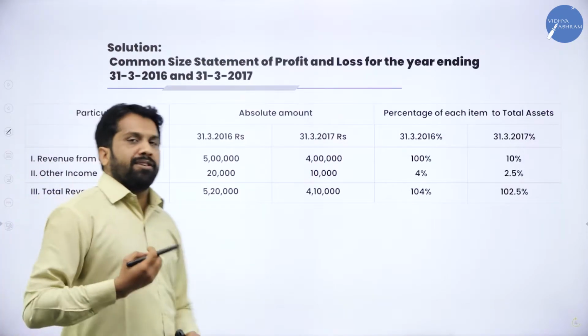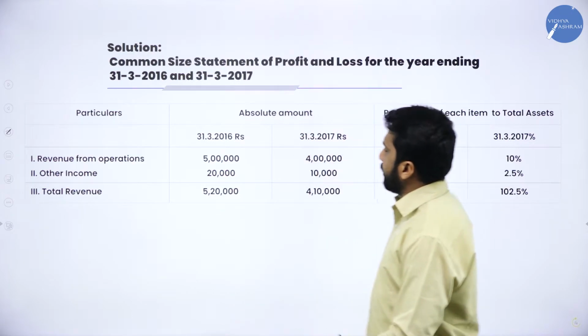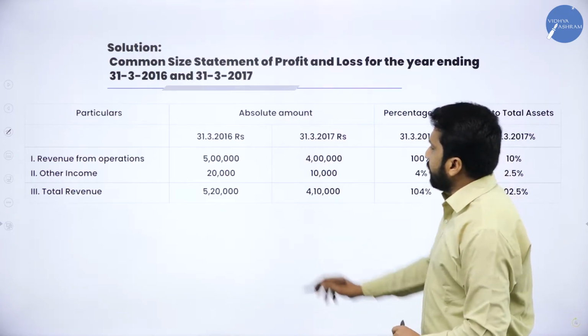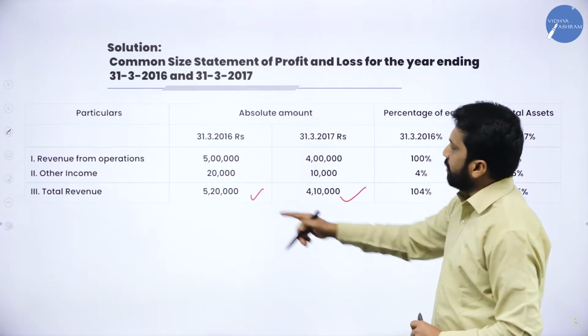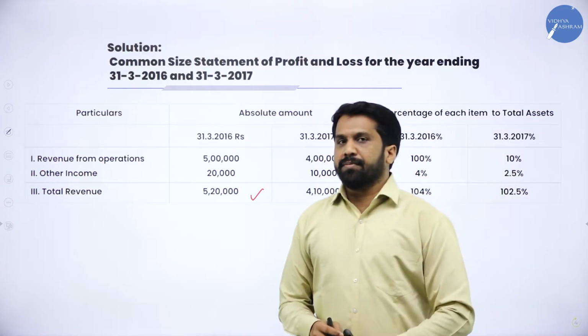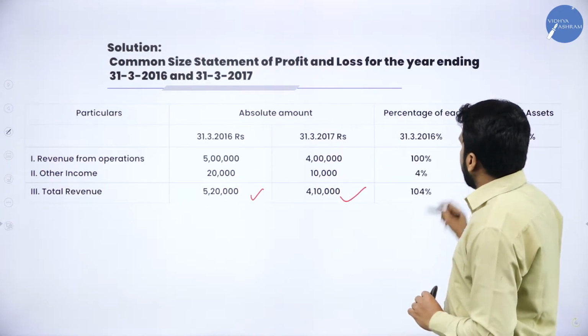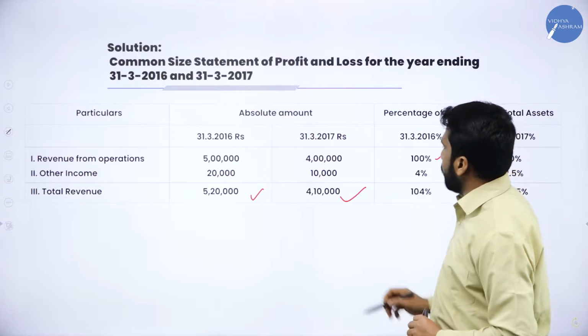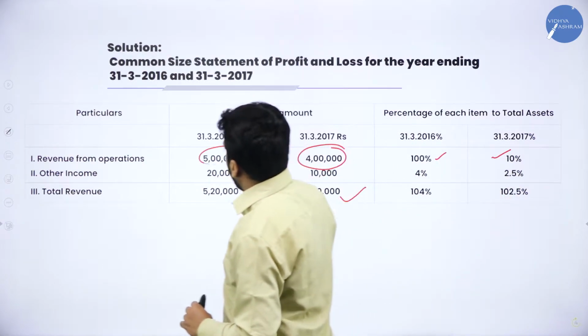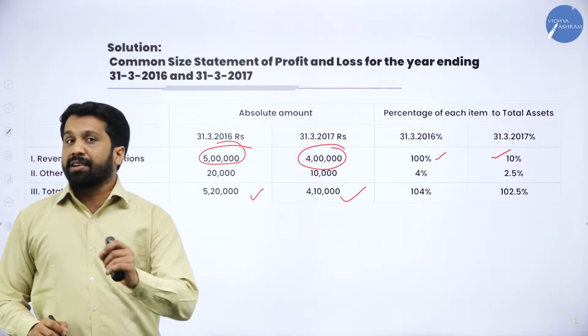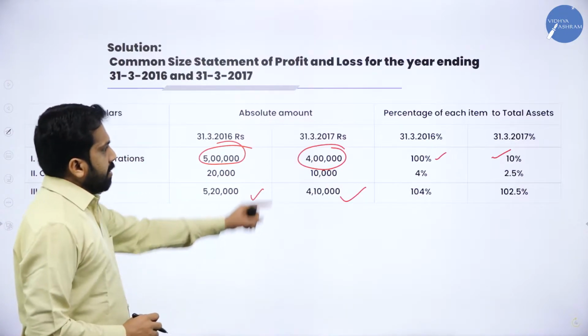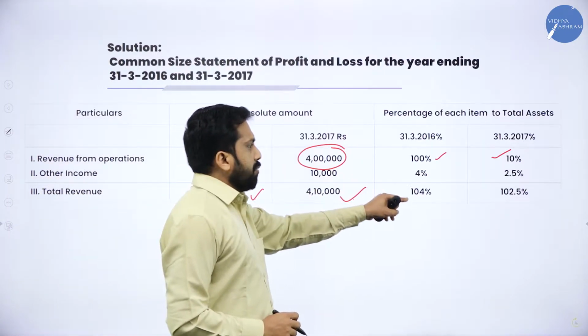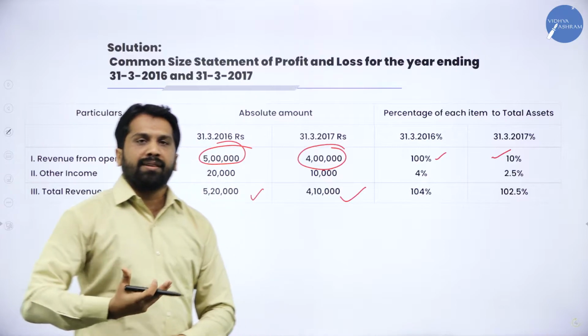Now, revenue from operation and other income. If you add these two, you will get total revenue. Now, in this percentage, as I told you, the first one is always 100%. Then 100 plus 4 is 104 and 102.5.